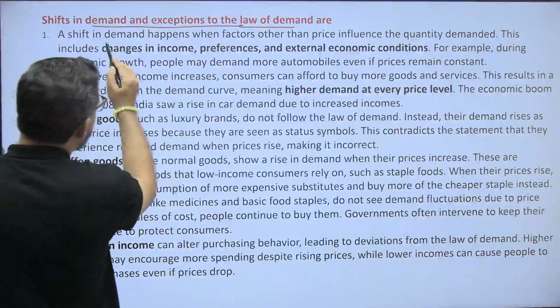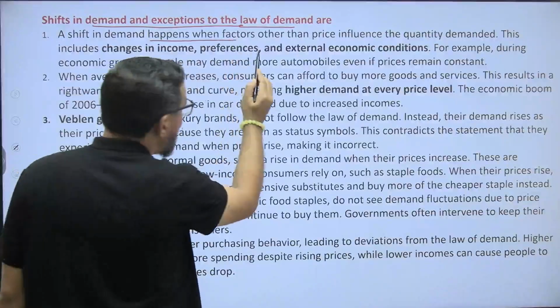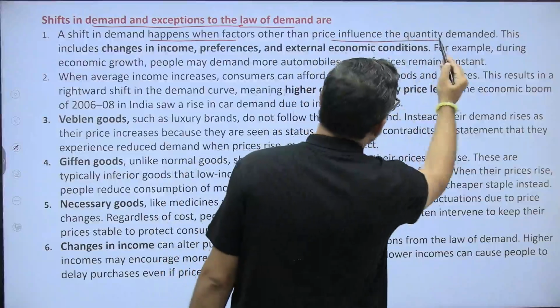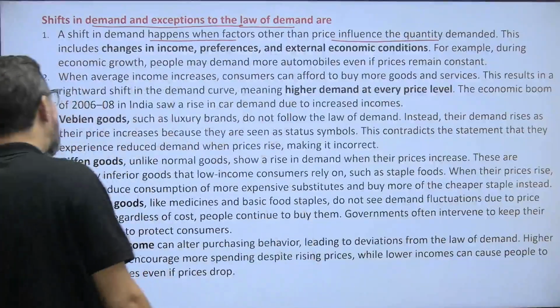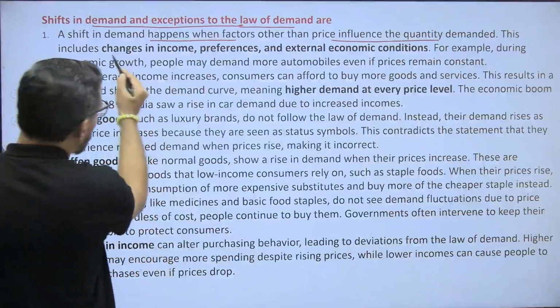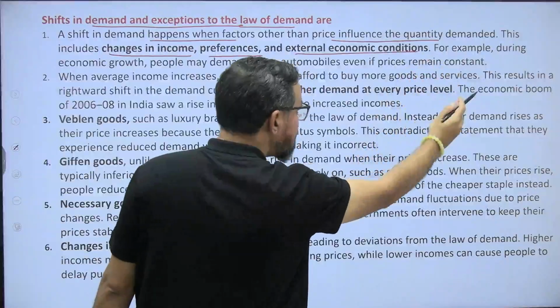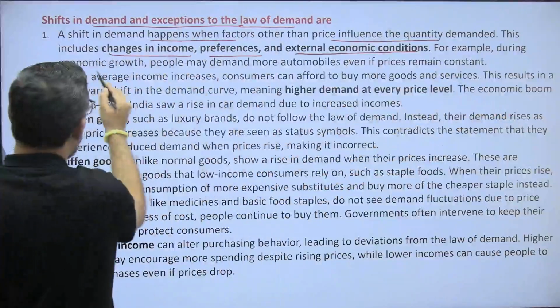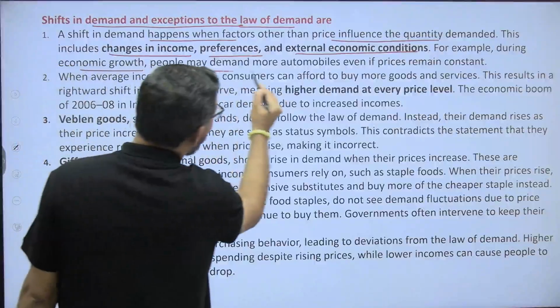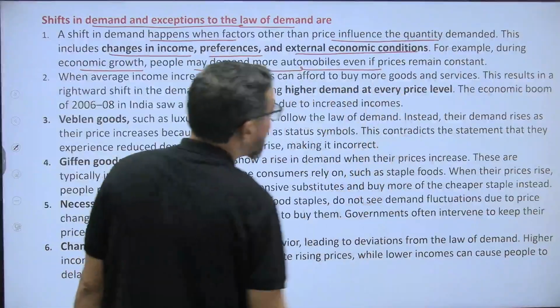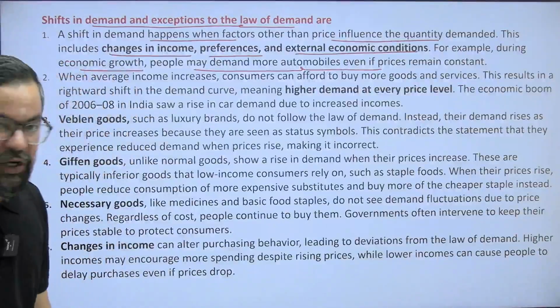A shift in demand happens when factors other than price influence the quantity demanded. This includes changes in income, which we have discussed, preferences, and external economic conditions. For example, during economic growth, people may demand more automobiles even if prices remain constant, right?